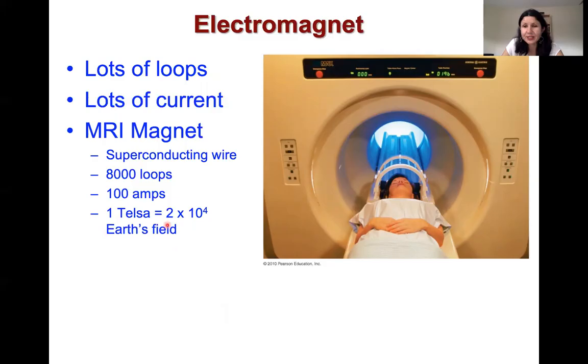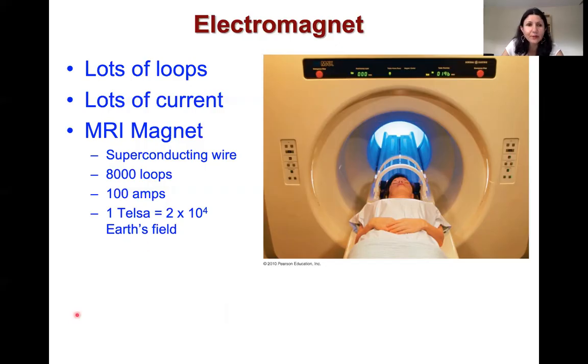For a typical MRI machine, it ends up being around 1 Tesla. This is one example of the magnetic field. The units of magnetic field that we use are Teslas. And if you compare that to the Earth's magnetic field, it's 10 to the power 4 times bigger.